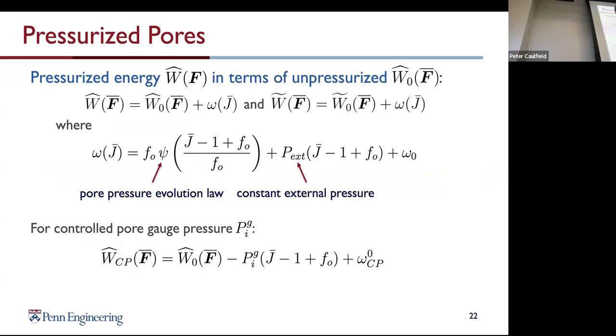So take the derivative of this with respect to J to get the evolution of the pressure as a function of J. And that could be something like the ideal gas law or another equation if you have it for an actual material that's inside of there. But you could pick whatever function you want. And so you could also choose it to be something that's a constant function of J bar, which would correspond to the case where you have some sort of controller controlling the pressure throughout the deformation, like you had a pump or something. So it could be either.